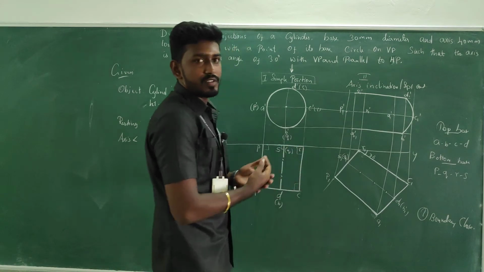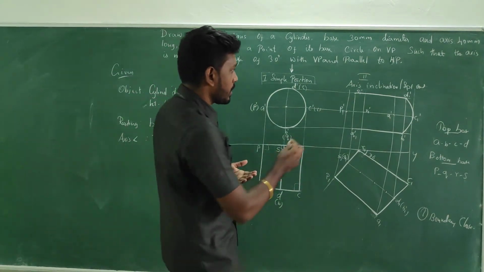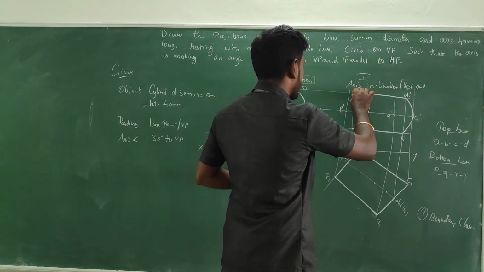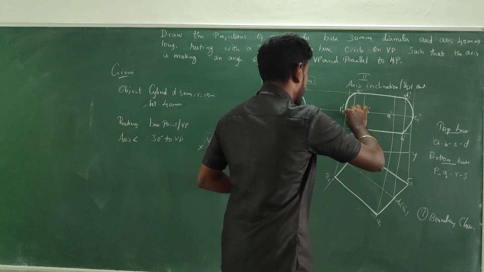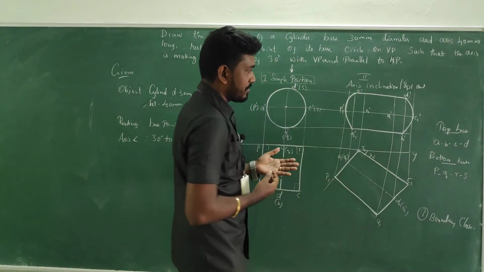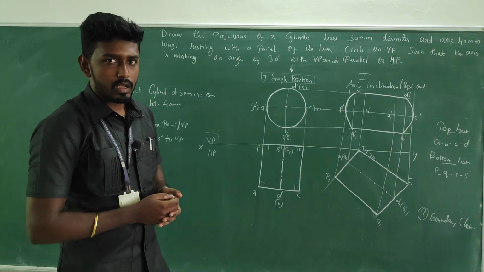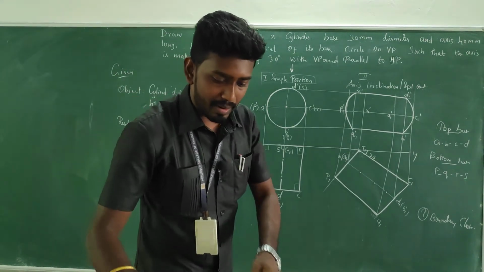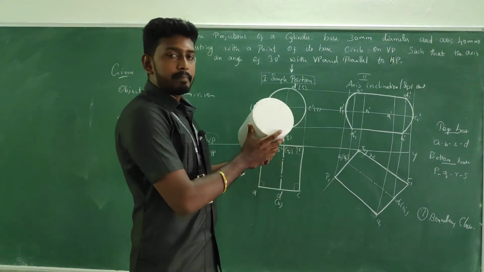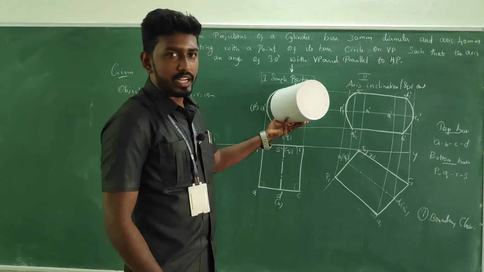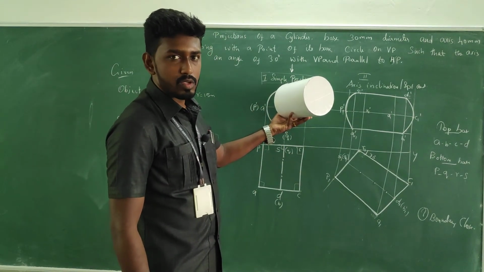I'm connecting with a free hand, like a curve, and from S to P there is a connection in the boundary, and P to A there is a connection. With a free hand I have connected. Now almost everything we have completed. It's a cylinder which is inclined something like this.